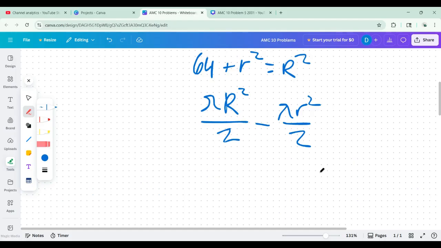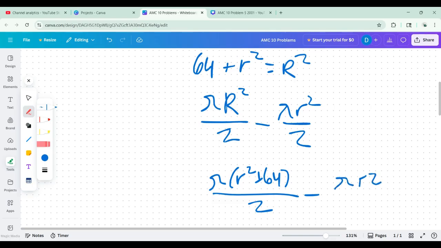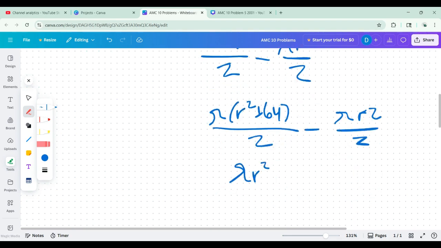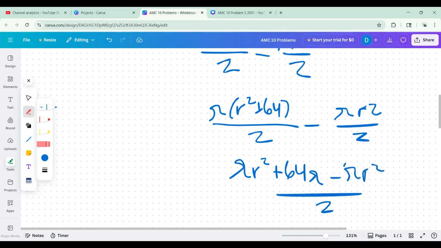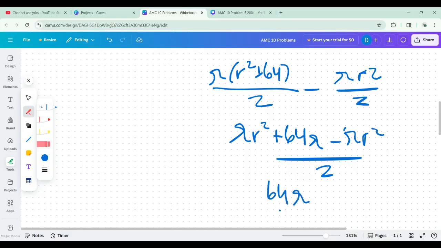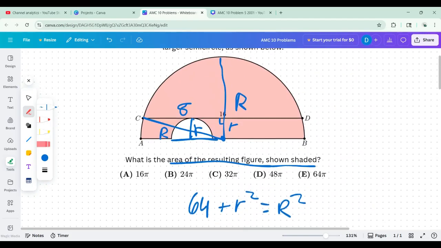So we substitute capital R squared into the equation. So we have r squared plus 64 times pi divided by 2 minus pi r squared divided by 2. And then we do pi r squared plus 64 pi minus pi r squared, divided by 2. And we get 64 pi divided by 2 equals 32 pi. So that gives us our answer of 32 pi, which is C.